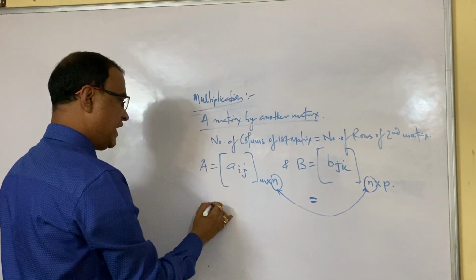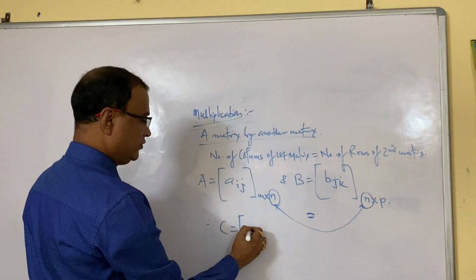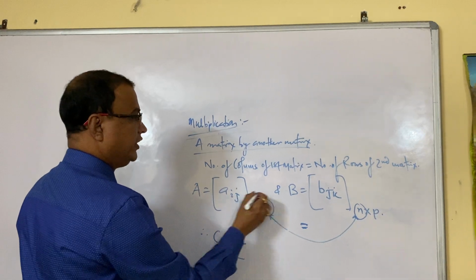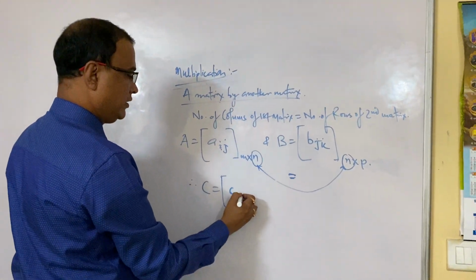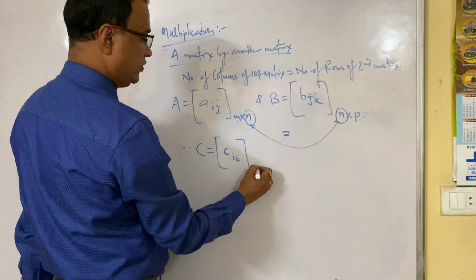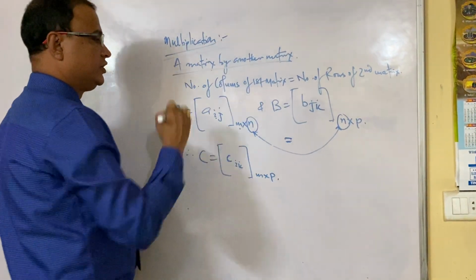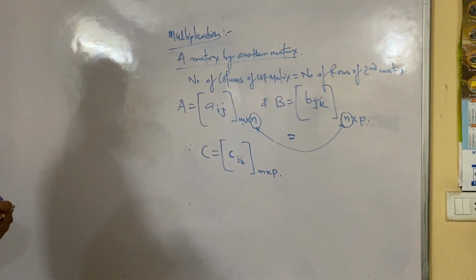When we multiply, we get another matrix C, equal to c ik, with j summed out, and we get the order m by p. So this is the order of multiplication of matrices.